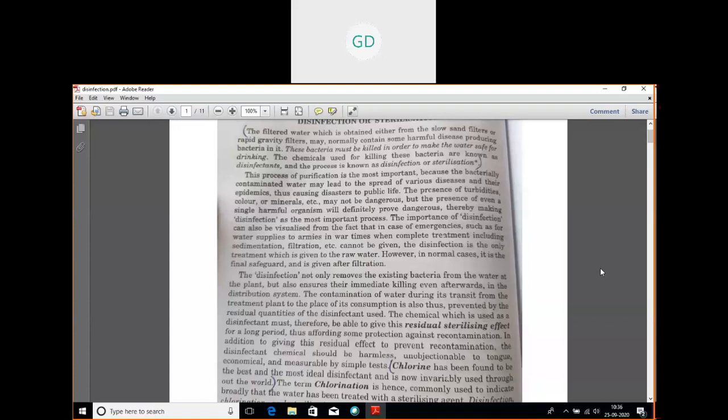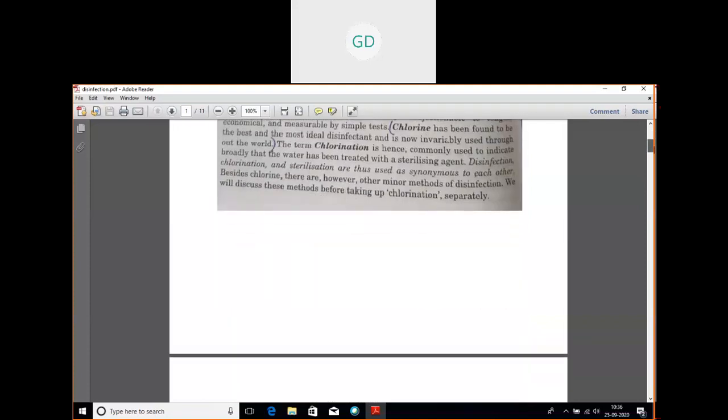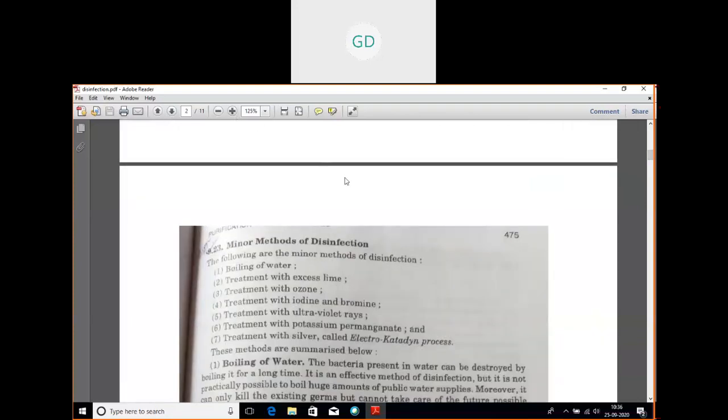Now I have already told you that chlorine is the most commonly used disinfectant while treating public supplies. There are also some minor methods by which you can do disinfection. One is that you can boil the water. If you boil the water for a long time, the bacteria will get killed.